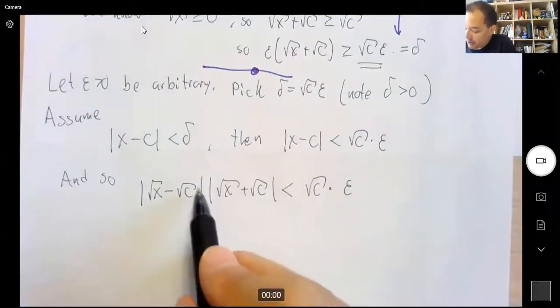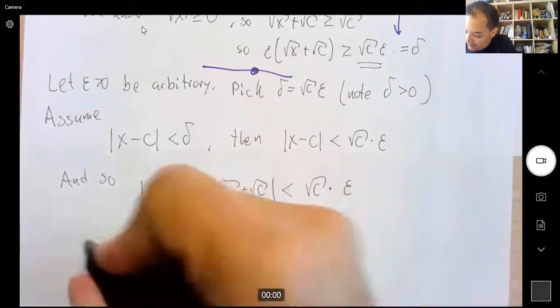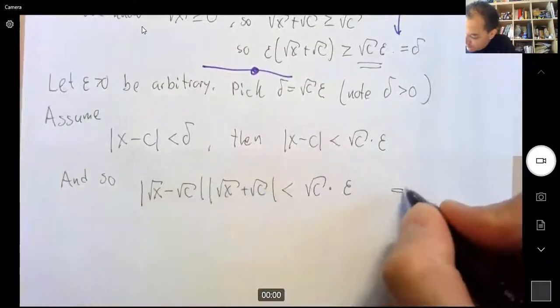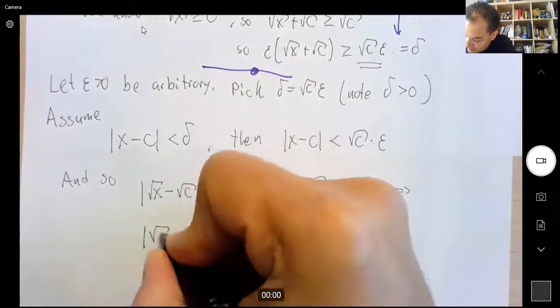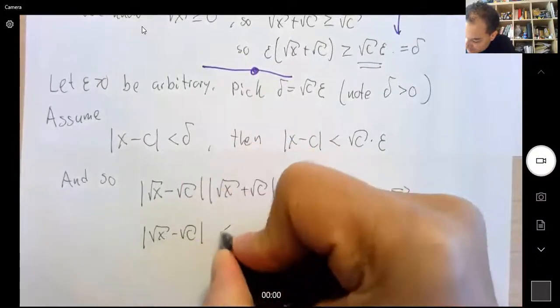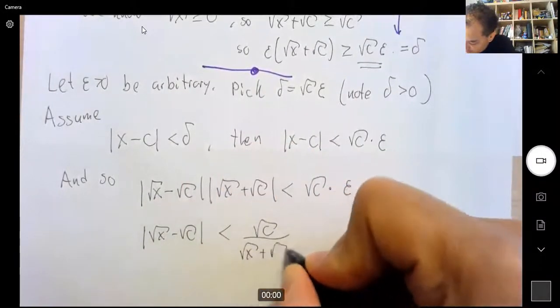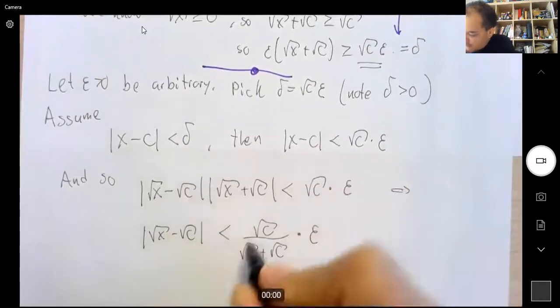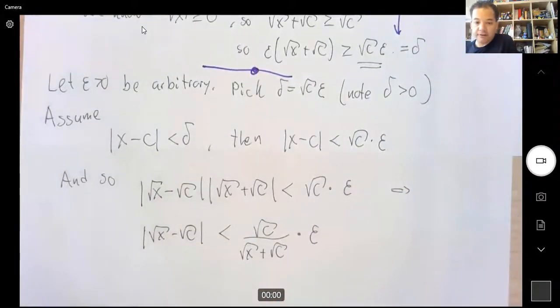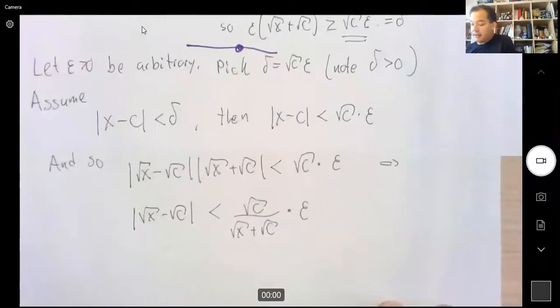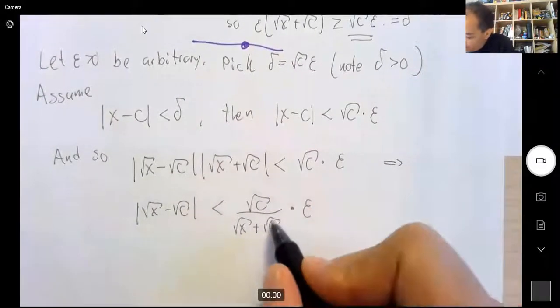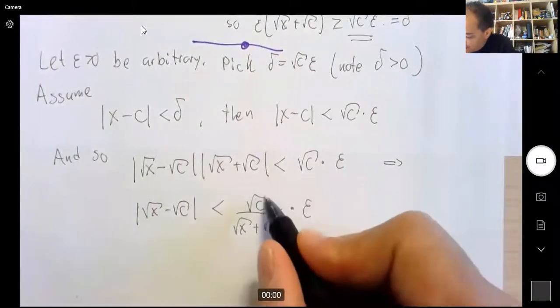Good. So now I divide by root x plus root c, which doesn't need absolute value bars because it's positive, right? And then the end of the proof is to realize that this number is bigger than the one on top.